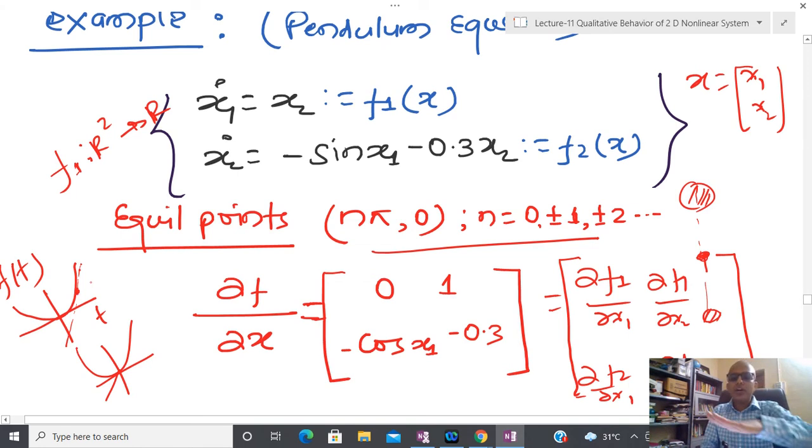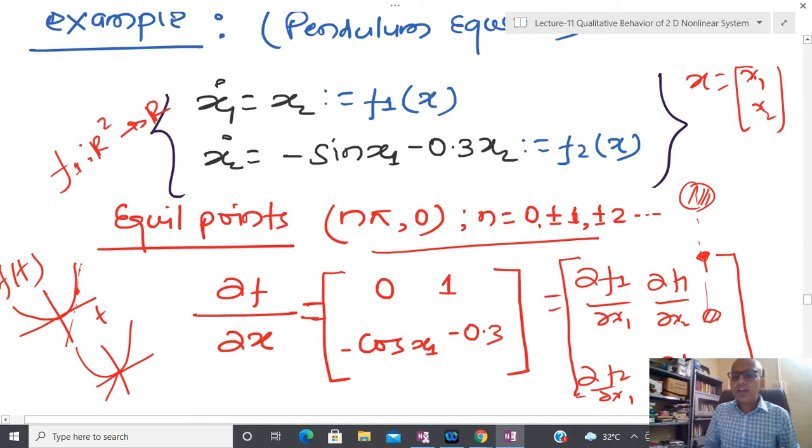Why difficult? Because if you are at a certain point, infinitely many planes will pass through that point. What the derivative is, you have to interpret precisely, and using the Jacobian one can interpret that.